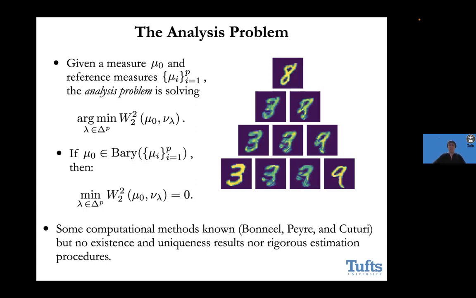There are some computational methods from Pire and Katuri. We're going to propose one that we believe is quite general and enjoys some statistical guarantees. I'll just note that this is potentially a well-defined problem, even for measures that are not actually in the barycentric span. Albeit if it is in the barycentric span, then this minimization problem will have a solution at 0.